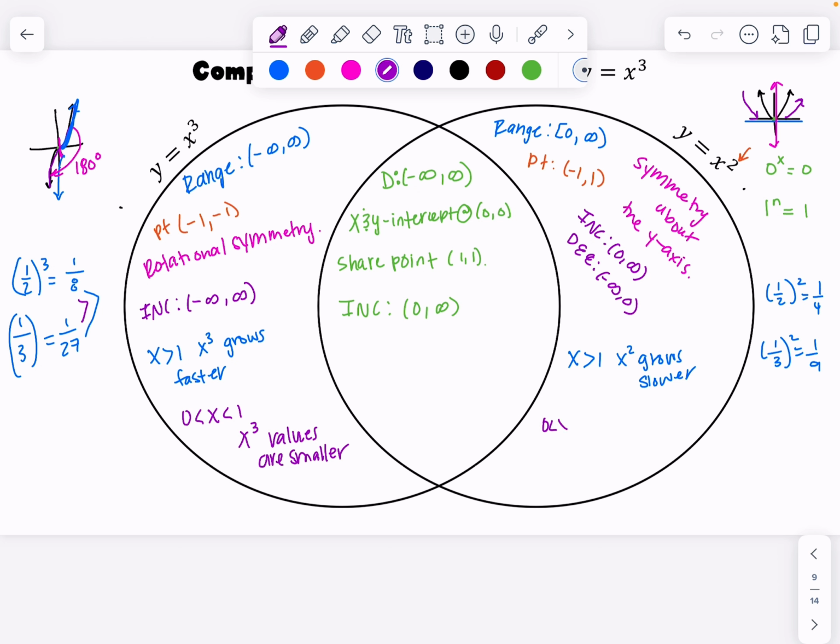Versus in that same domain, from 0 to 1, the x squared values are larger. And when I'm saying larger and smaller, I mean in comparison to each other. And so those are some of the main points that we can talk about when comparing and contrasting x cubed and x squared.